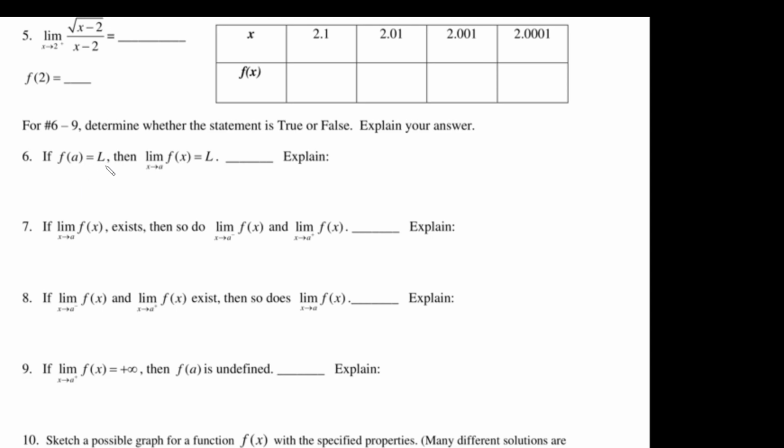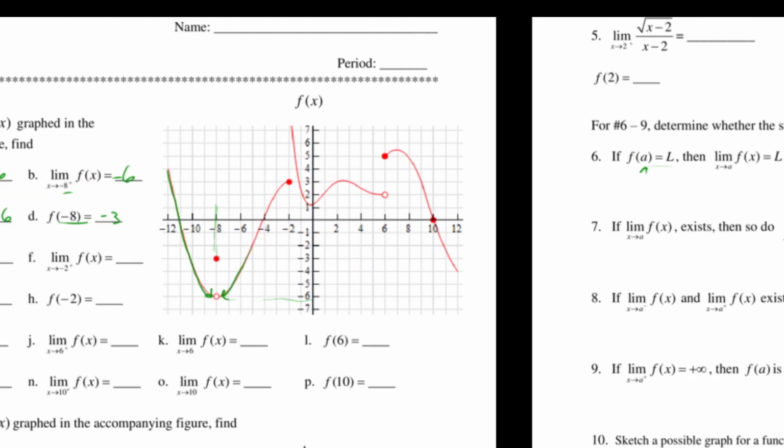Let's look at the first true or false one here. I'm going to see if the function of a equals L, that means the limit as x approaches that a value, which is our x value, will also equal L. Well, let's think about it this way. In certain situations, that might be true. Let me find a certain example. Like if we're trying to find the limit as x approaches -4, that value from the left and from the right side will equal 0.